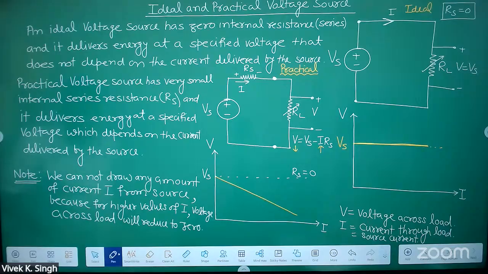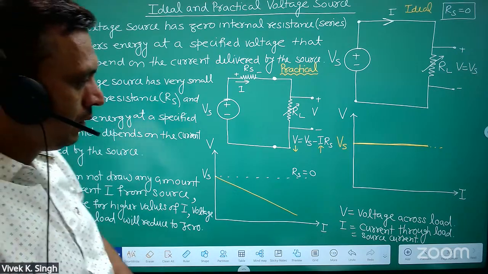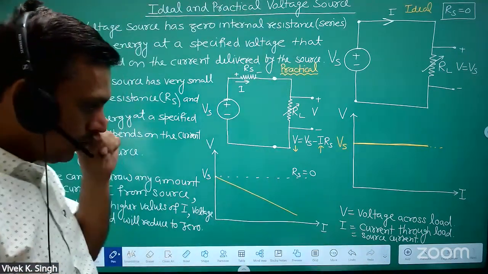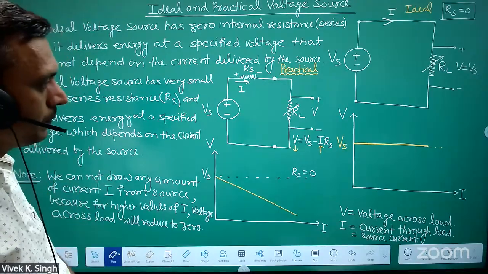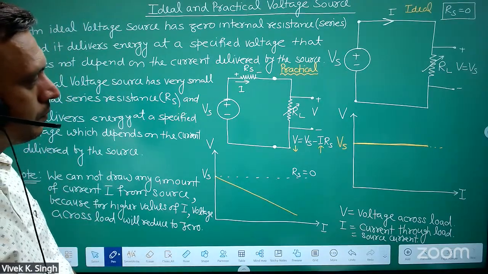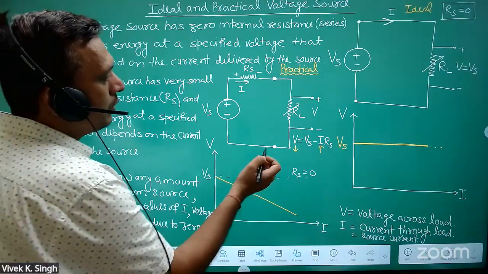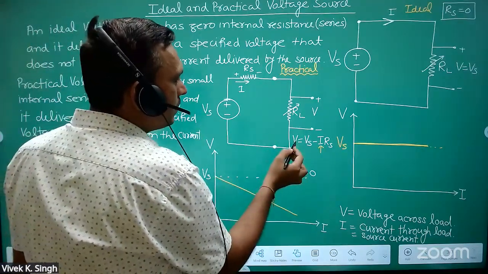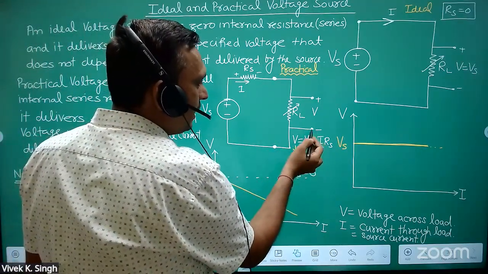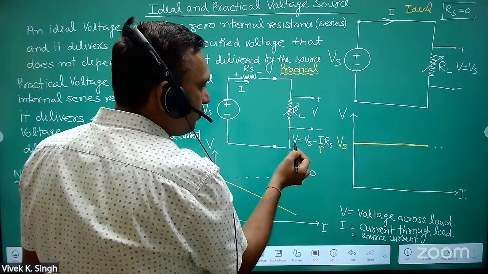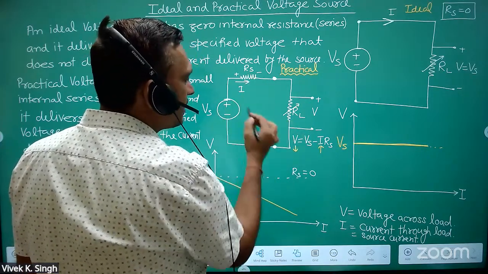Can I take the next slide? Yes, sir. Voltage across the load means Vs? No, no. If the current is increasing, the voltage across the load is V, and this V is what? Vs minus I into Rs.